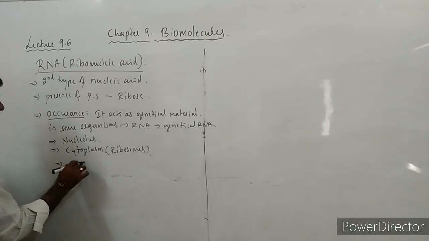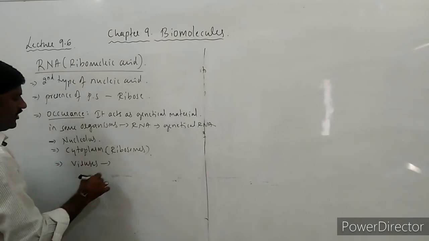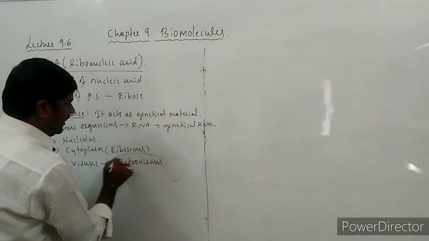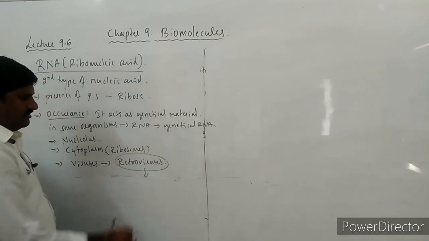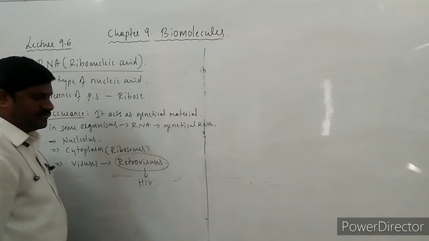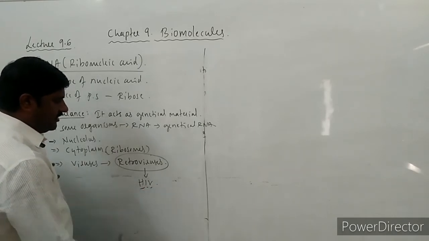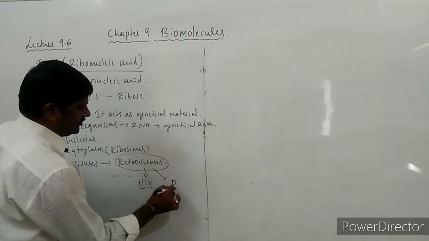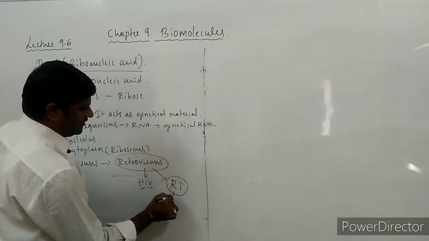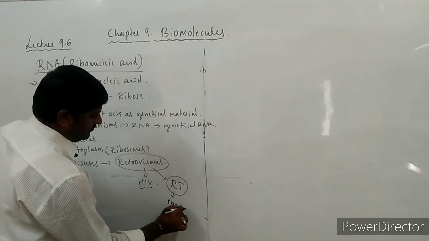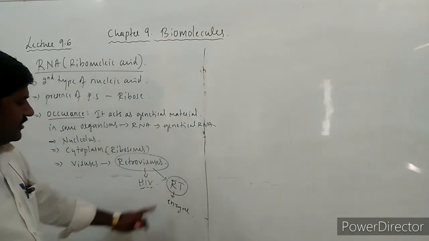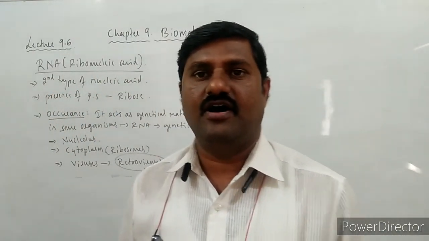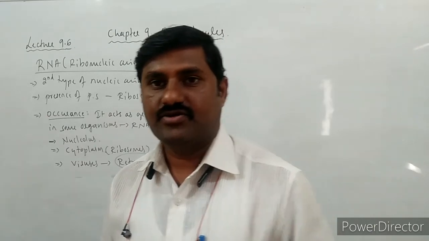This RNA is also the genetical material of some viruses called retroviruses. The best example is HIV, human immunodeficiency virus. Why? Because this virus contains a reverse transcriptase enzyme, which helps in the synthesis of viral DNA from viral RNA.